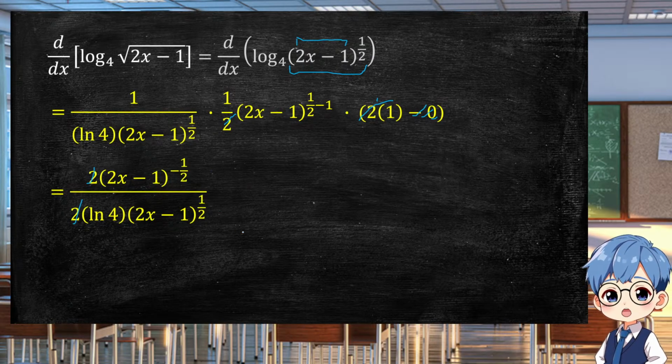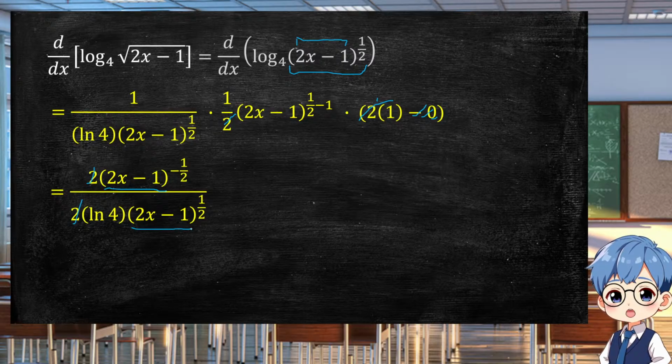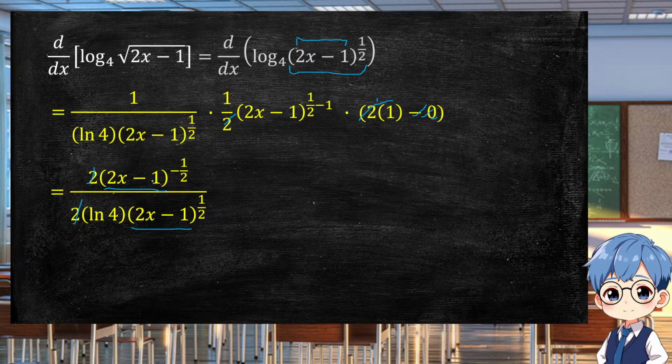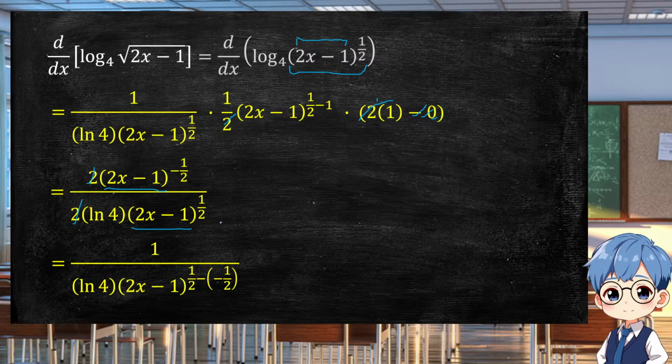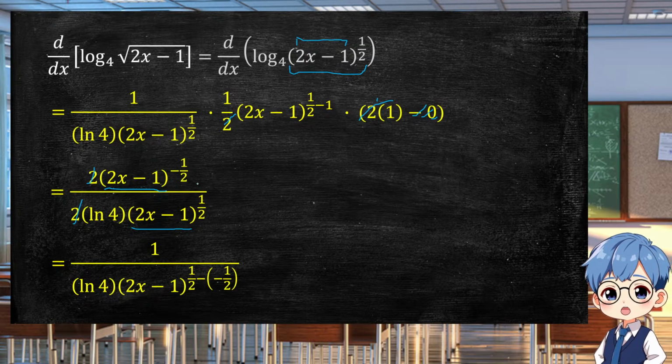ln of 4 times 2x minus 1 raised to the power of 1 half. Take note, these are just the same factors, so I can combine this. If I use the laws of exponents, we will get something like this. So we have 1 over ln of 4 times 2x minus 1 raised to the power of 1 half minus, because again, we apply the reciprocal of 2x minus 1 to the power of negative 1 half.